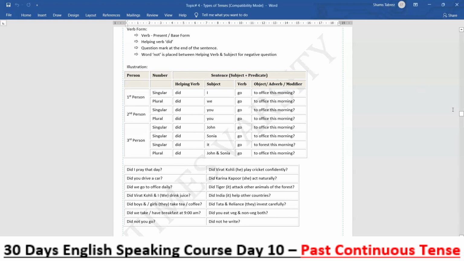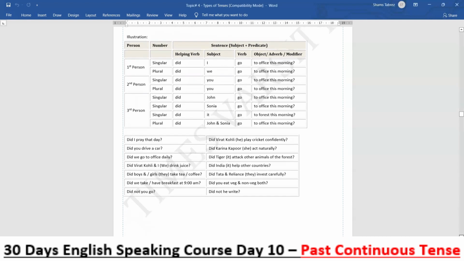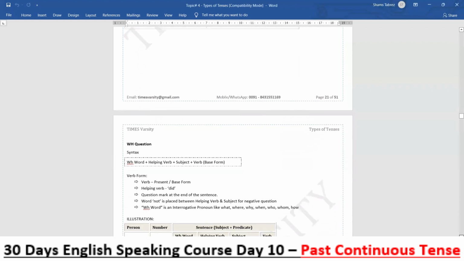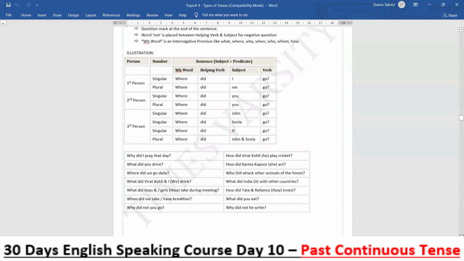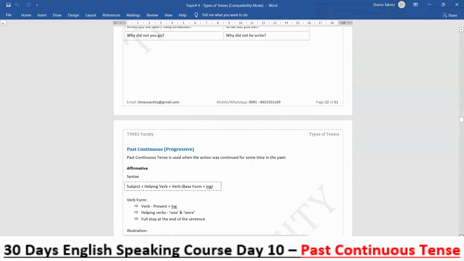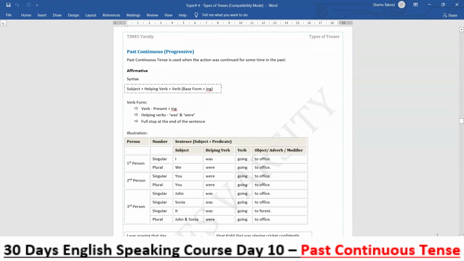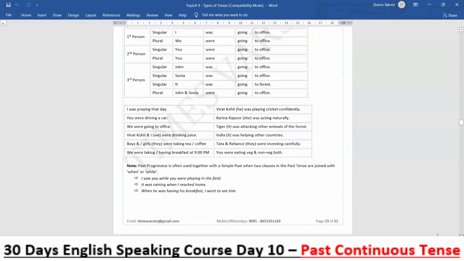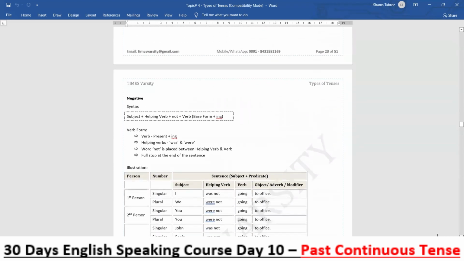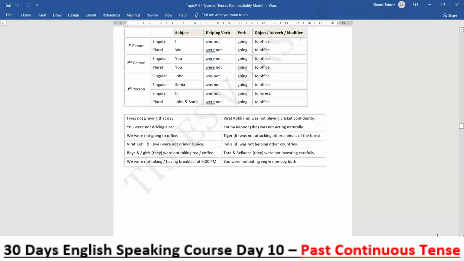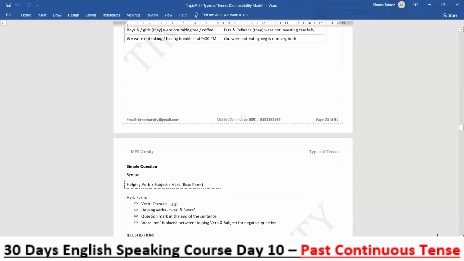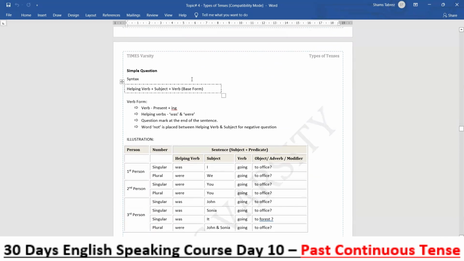All right, so let's correct the document here. In the past continuous, the affirmative is the correct form of syntax we have. Negative. And in the simple question, it should be a helping verb, then subject, and the ing form of the verb.